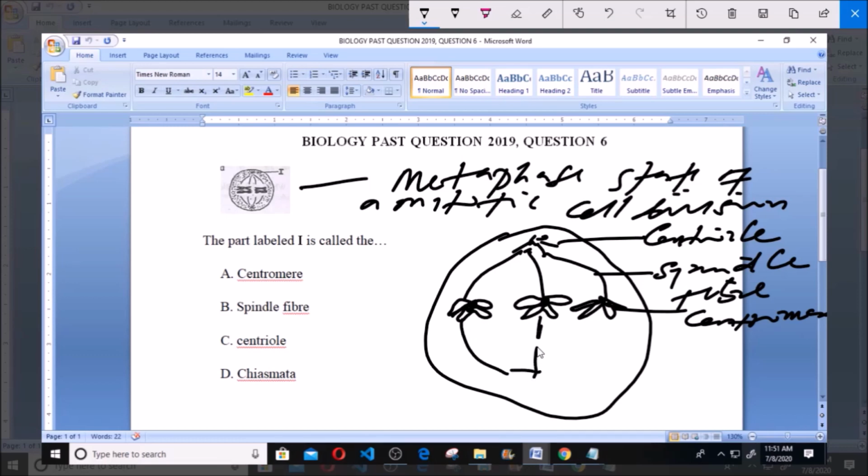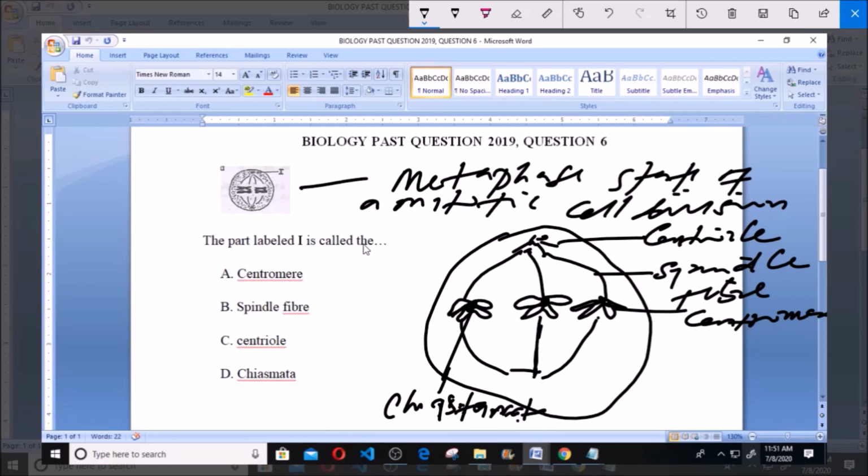You look down like this. Now, joining these centromas together, you have a chiasmata.